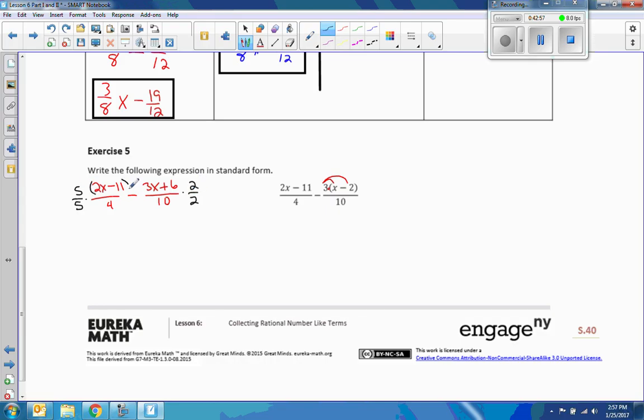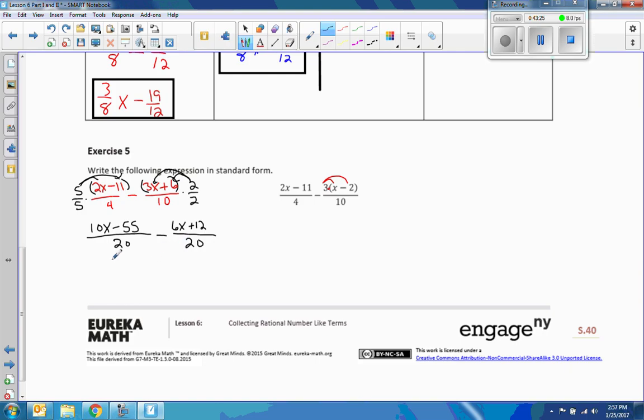So now I'm going to distribute again. 5 times 2x is 10x. 5 times 11 is minus 55, over 5 times 4, which is 20. Minus 2 times 3x, which is 6x. 2 times 6, which is 12, over 10 times 2, which is 20.